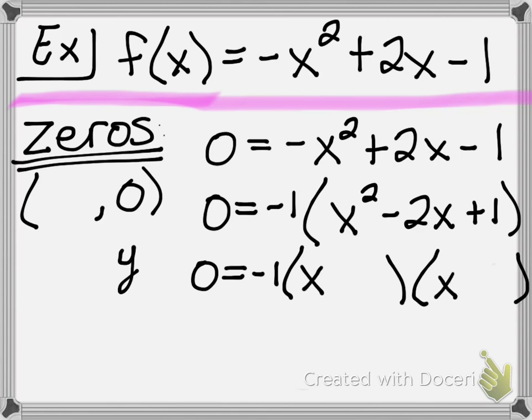Now to factor, the two values I pick have to multiply to be 1, but add to be -2. This is possible with the numbers -1 and -1.